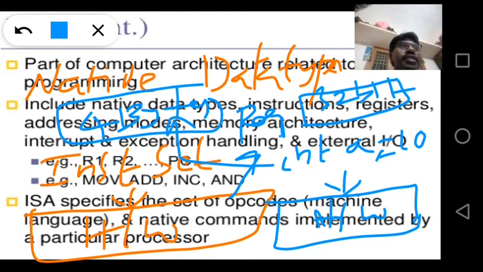Why is it called a native data type? Because when you declare a variable of type integer, the hardware understands that it has to allocate 32 bits of memory for storing an integer value.